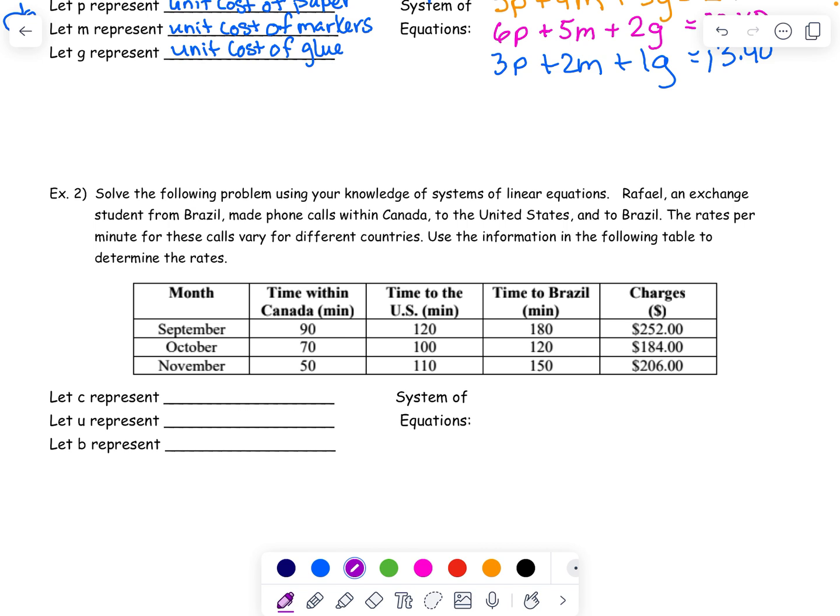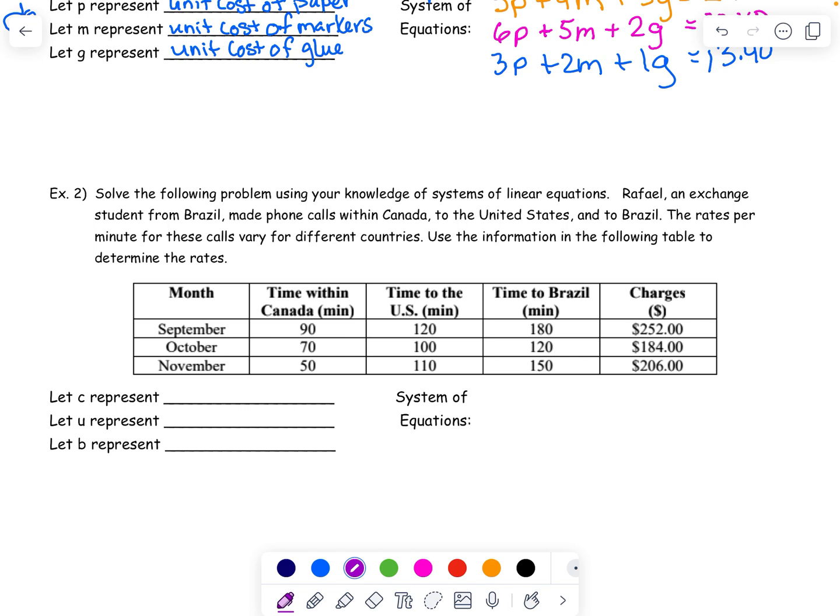Okay, so he is making calls to Brazil, and time to Brazil, and time to the United States, and time to Canada. So we don't know how much each minute costs, right?